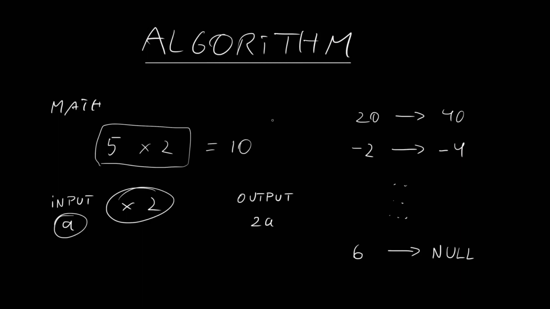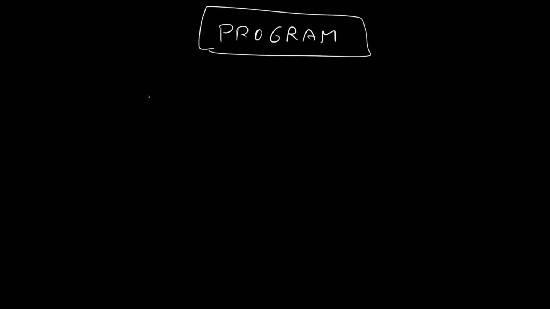Now, in a broad sense, everything that we program is an algorithm, because every program in itself has a set of instructions, right? Functions and operations and so on, that produce something, right?